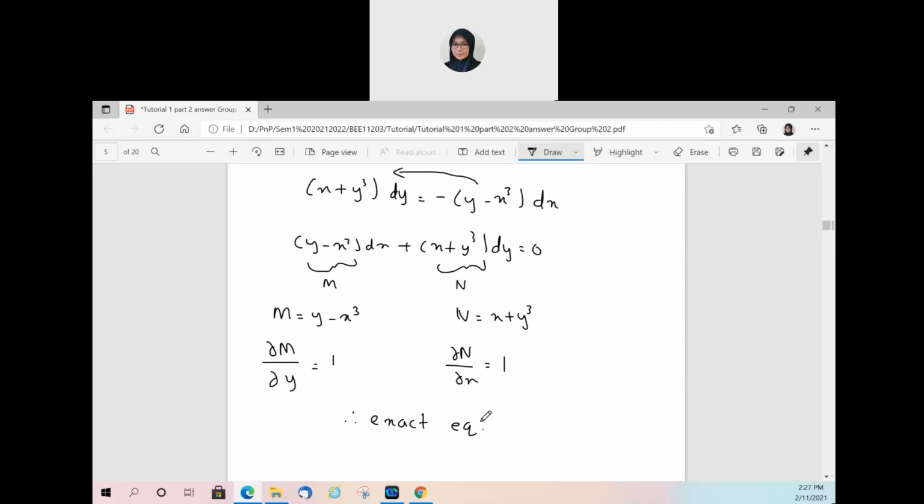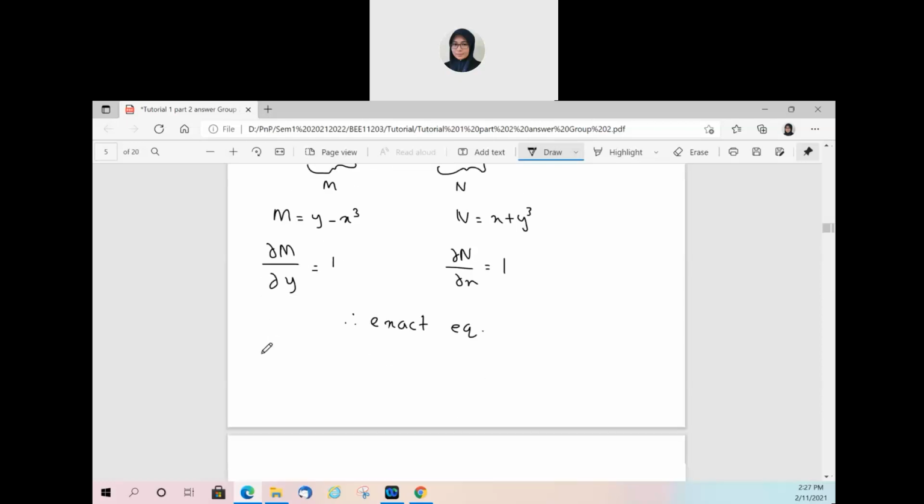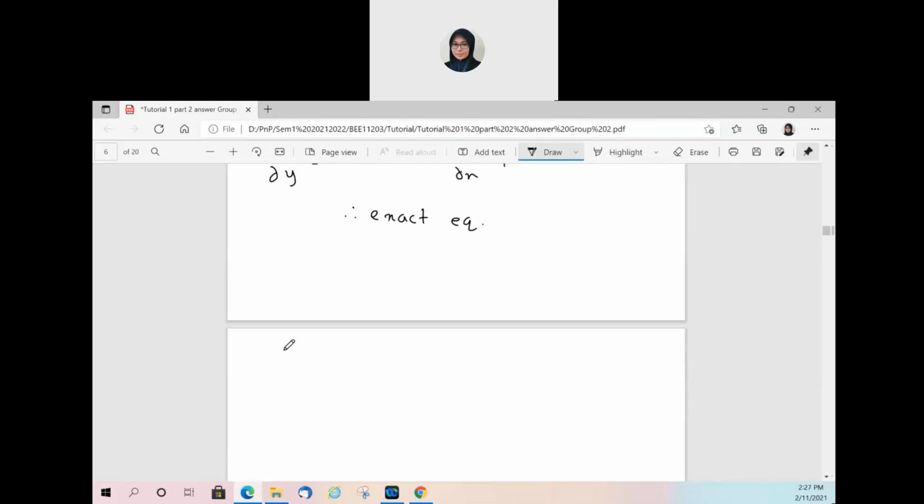Okay, we have proved it. Now you must find u. How to determine u? First, du over dx equals M. You refer to the procedure to solve exact equations.